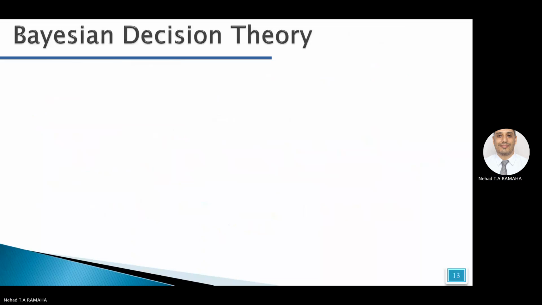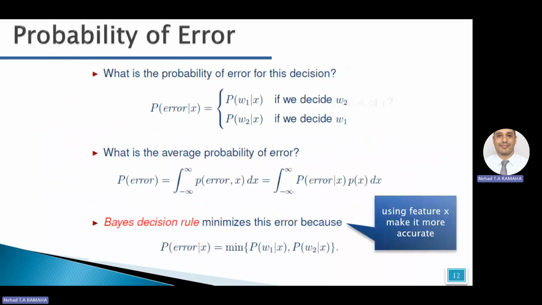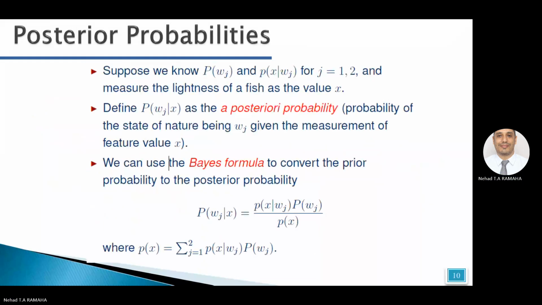You see the rule? What's this one? This one is the probability of a specific class given the feature, yes? This is the probability of a feature. How to calculate it? From this one. Probability of the feature given a specific class is given to you.